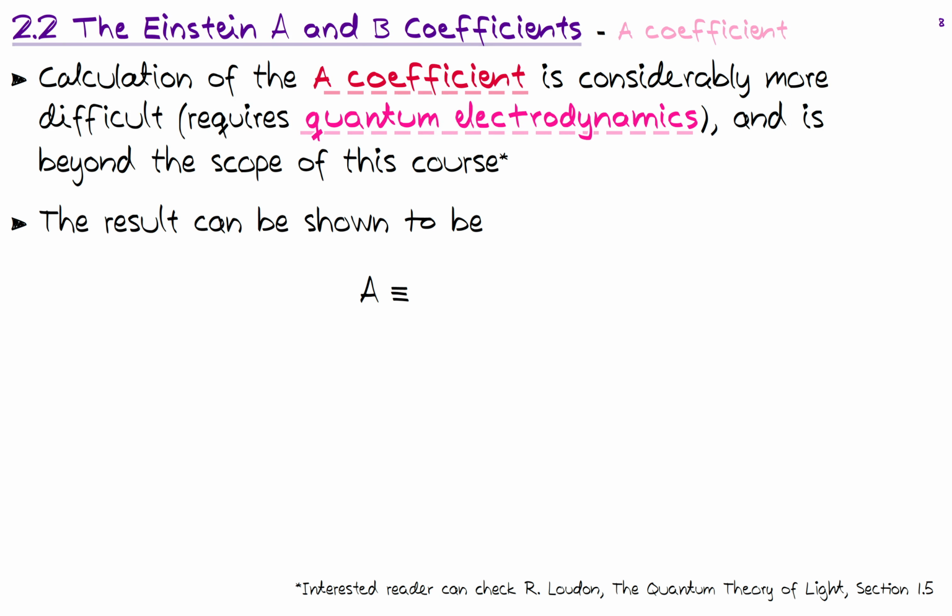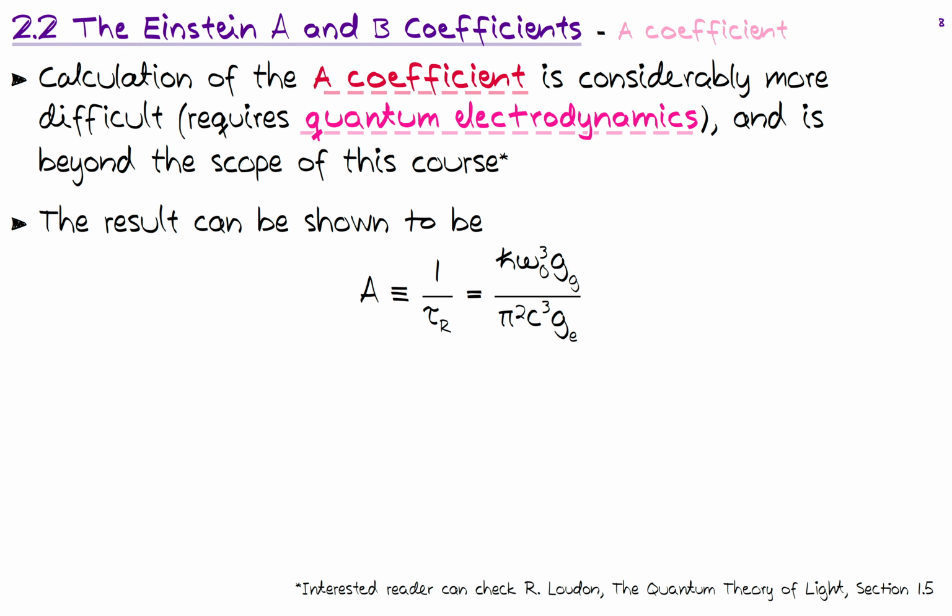So the A coefficient is basically defined as the inverse of the radiative time. And that's given by h bar times omega naught to the power of 3 times g_g, which is essentially a degeneracy parameter for the ground state, all of this divided by pi squared times the speed of light to the power of 3 and g_e, the degeneracy factor regarding the excited state.